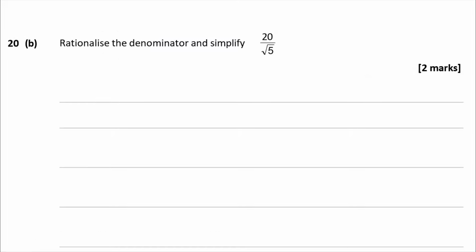Part B says rationalize the denominator and simplify this one. So if I've got a denominator that is irrational, I times top and bottom through by root 5 over root 5. Now root 5 over root 5 is just 1, isn't it? Anything divided by itself is 1. So I wouldn't be changing its value if I did this.